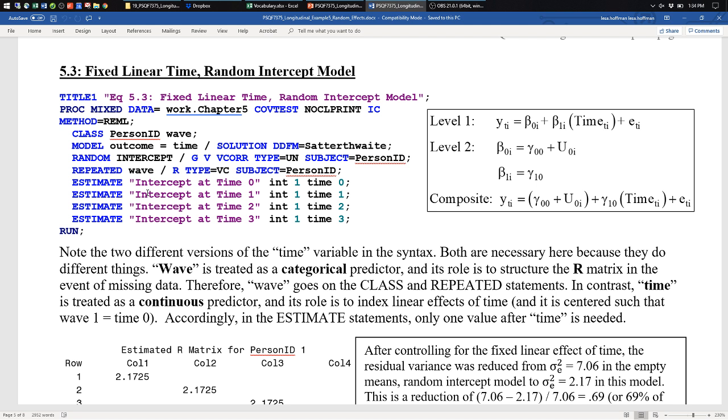Therefore, I am getting a time slope. If I wanted to estimate a bendy slope instead of a linear slope, like a polynomial, can you guess what else I would put in here? Time squared, yeah. But right now it's linear because that's all I've asked for. Time squared will be chapter 6.